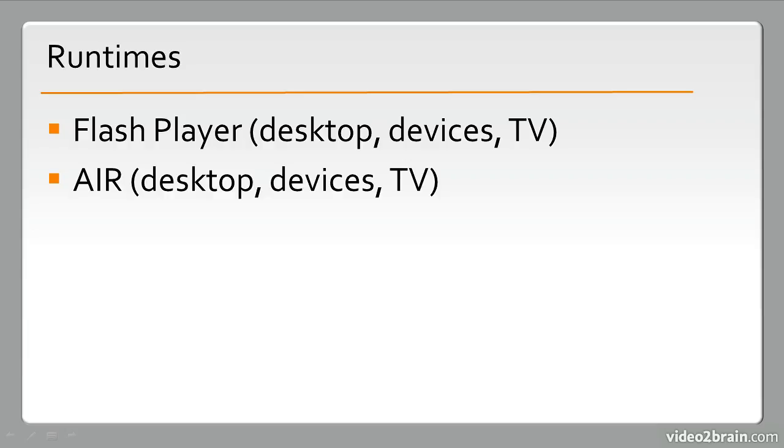We have AIR, and AIR stands for Adobe Integrated Runtime, and this can also be used across desktop, devices, and TV. AIR is used to create cross-platform applications using Adobe Flash runtime tools. These are distributed via a .air file, and a .air file can be installed on Windows, Mac, and sometimes Linux with no problems whatsoever.